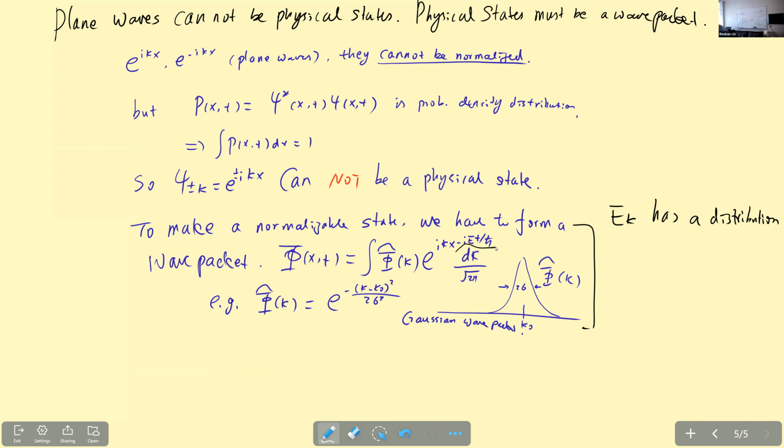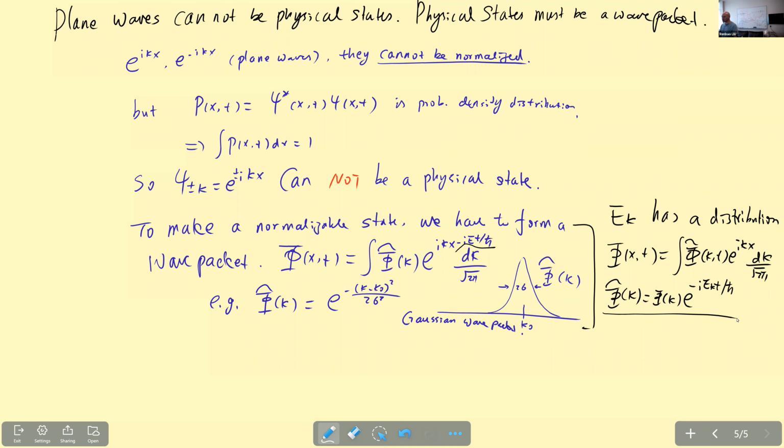So you can write down this ψ(x,t) as an integral of φ(k,t) e^{ikx} dk over square root of 2 pi, with this φ(k,t) equal to φ(k) times a time dependent factor. So you can see that now this will become time dependent.